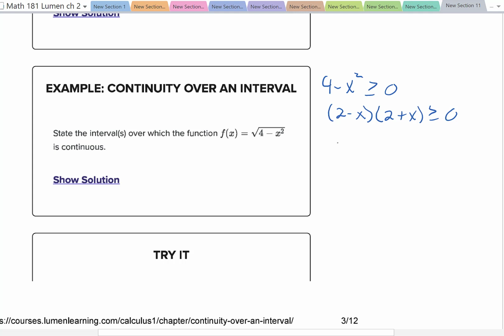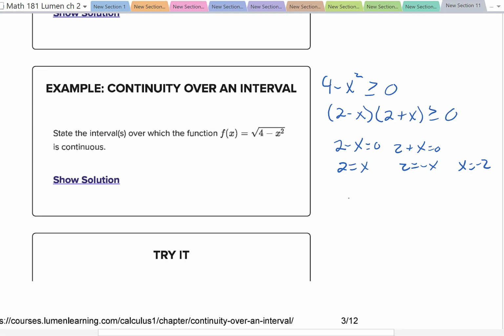If we look at each of these, 2 minus x is 0, so 2 equals x. 2 plus x is 0, so x equals negative 2. I do this trying to find the intervals on which it's going to satisfy this inequality.